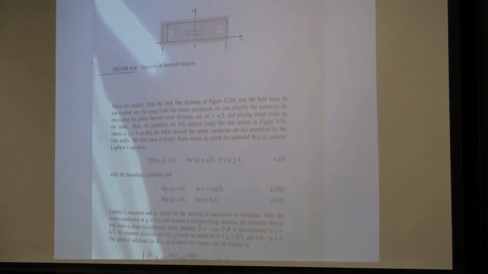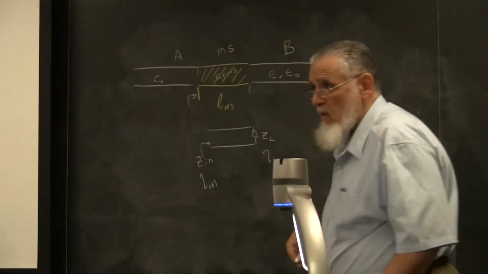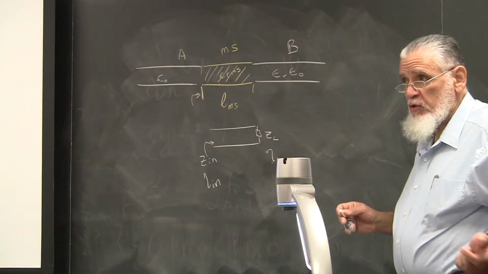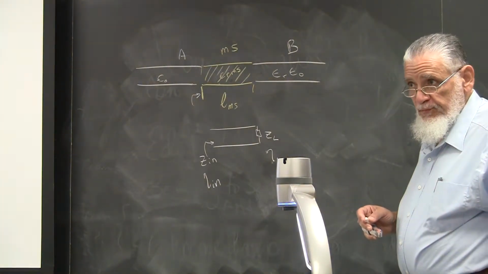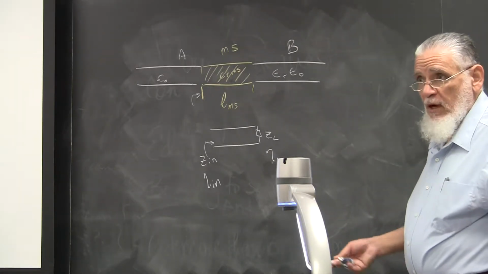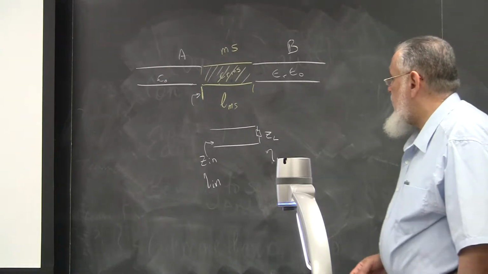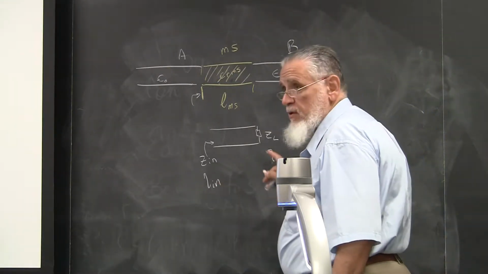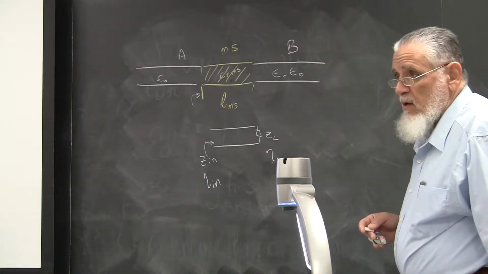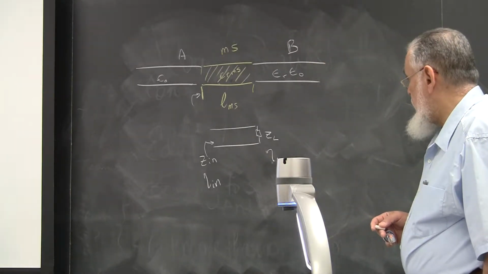ZL here, Z in, if you wish to call it eta in, and eta L, because we're working here with etas instead of Z's. Eta is the ratio between E and H, while Z is the ratio between V and I. We don't have voltages and currents here. We have fields, so we're working with etas. Eta is the intrinsic impedance of the waveguide.